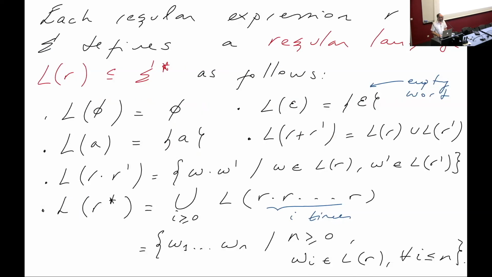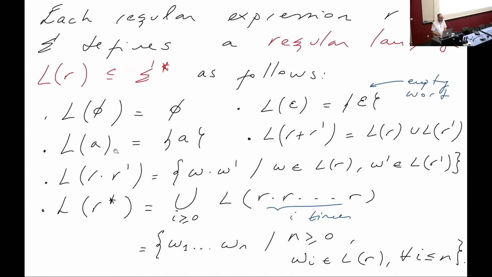So as we know, each regular expression is nothing else than a grammar, a syntax, and each regular expression is defining a language, yeah? What is a language? It's a set of words over the alphabet, sigma star. So the language defined by the empty regular expression is the empty language. The language defined by the empty word is the language that contains the empty word and nothing else.